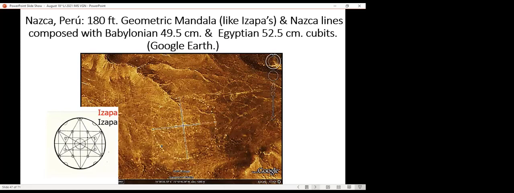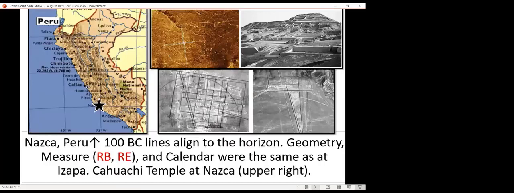So this was startling, to say the least, to find this. To find this kind of relationship was easy by just applying that data from Izapa and seeing how it matches so much of what's going on at Nazca.